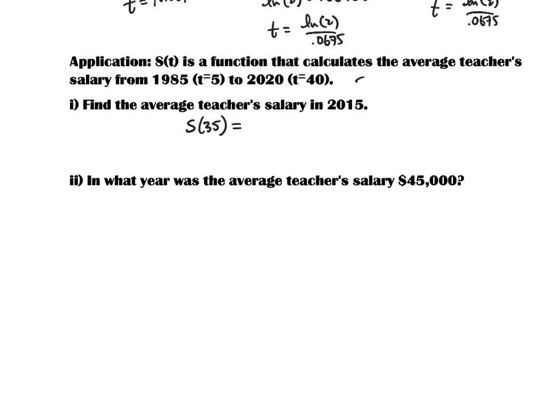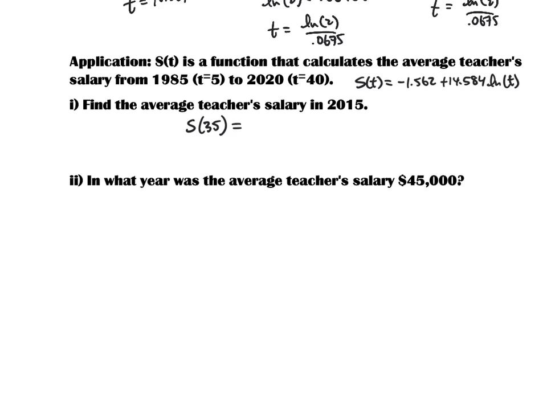S of t is negative 1.562 plus 14.584 ln t. So what you're going to want to do is for y1, plug your function in.